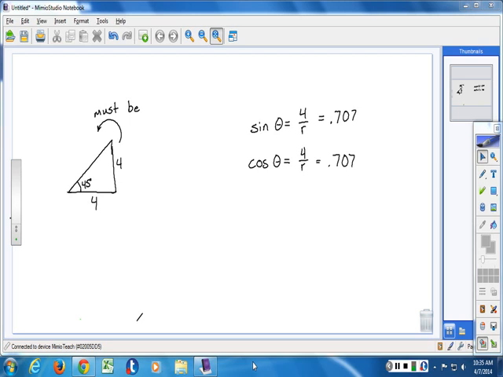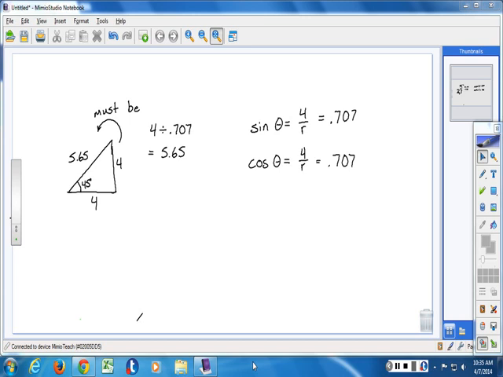So, of the two options, 4 divided by 0.707, what does that equal? 5.65. 5.65-ish. And yeah, there was some rounding going on. 5.65.